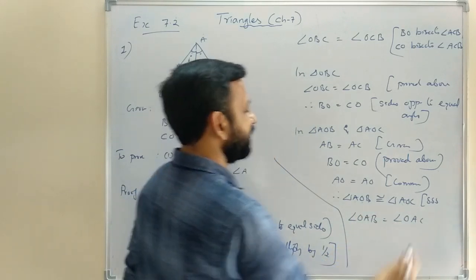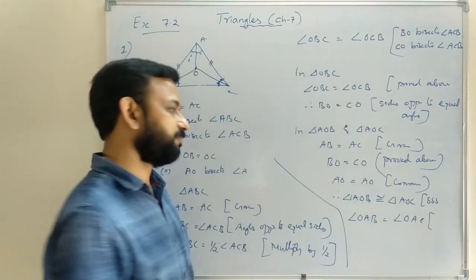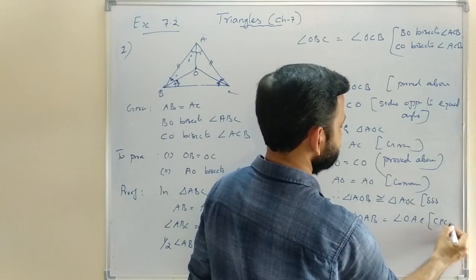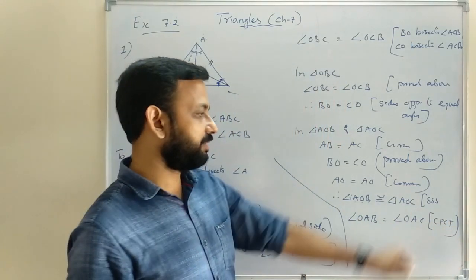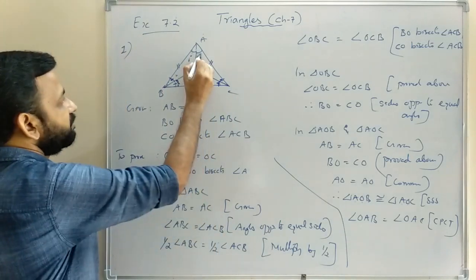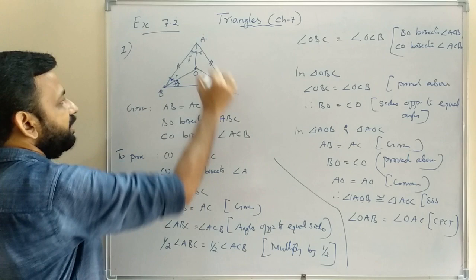So they are corresponding angles, and by CPCT, angle OAB equals angle OAC. If these two angles are equal, then we can say AO bisects angle A.